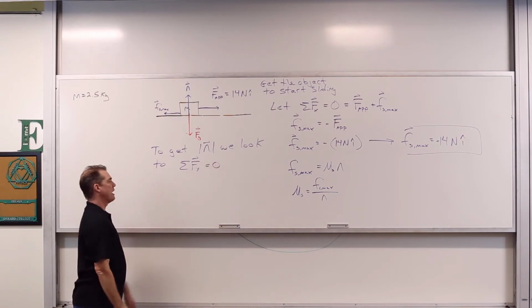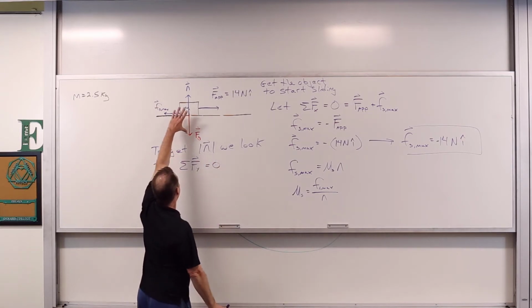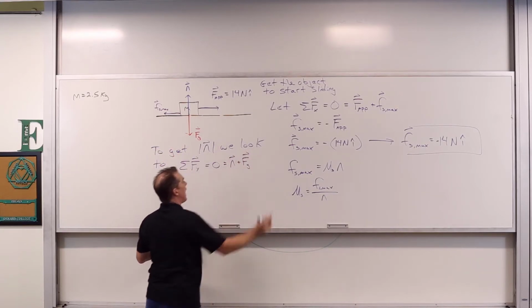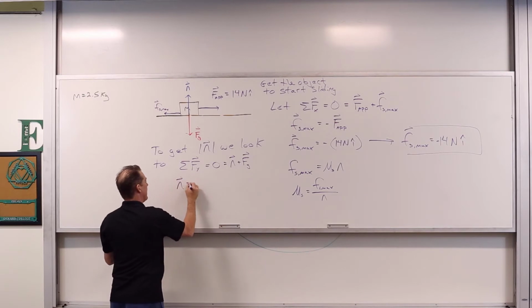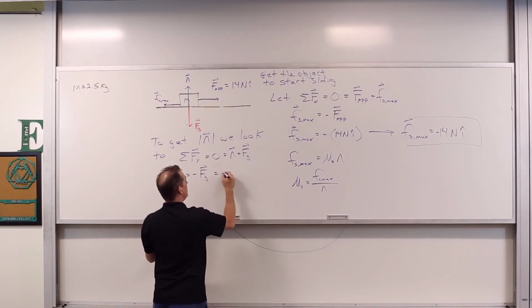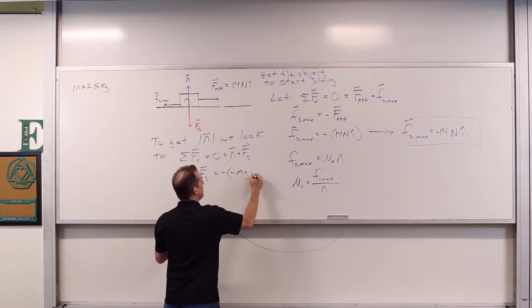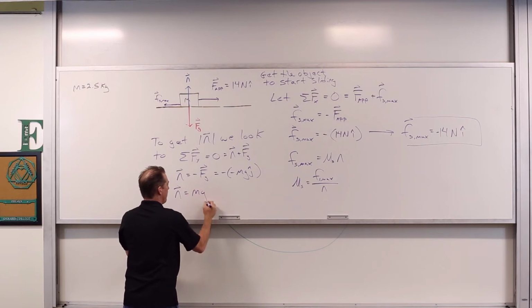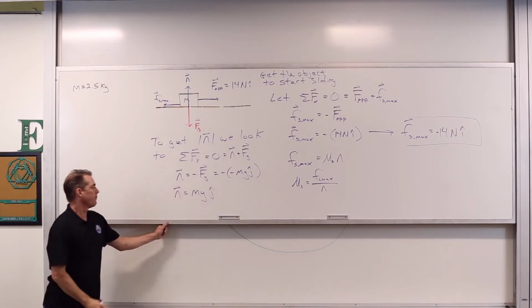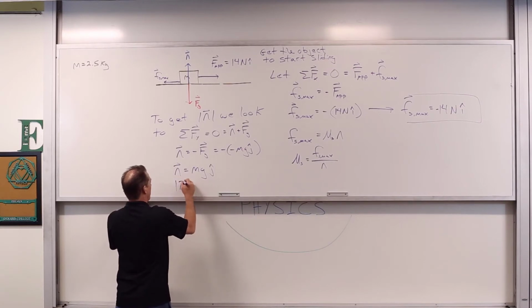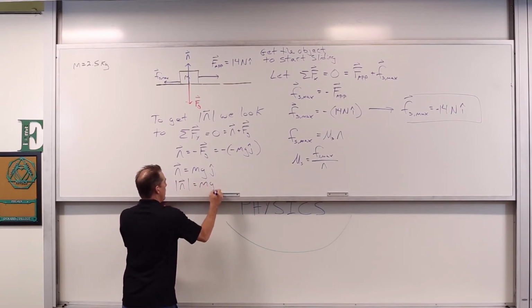That force in the y direction has to be equal to 0, which is the vector sum of the two forces acting, n hat plus f sub g hat, which gives us n hat equal to negative f sub g hat, which is equal to negative minus mg j hat, which just gives us n hat equal to mg j hat. If we just want the magnitude of it, it's just mg, right? The magnitude of n is equal to mg.